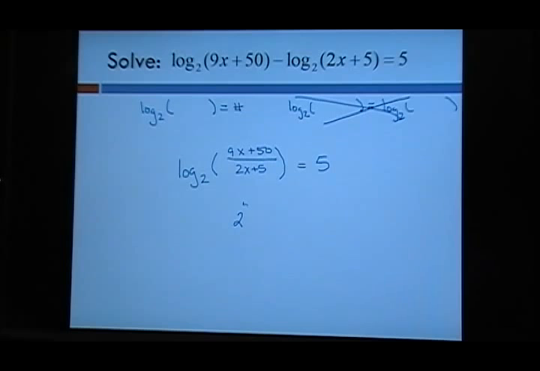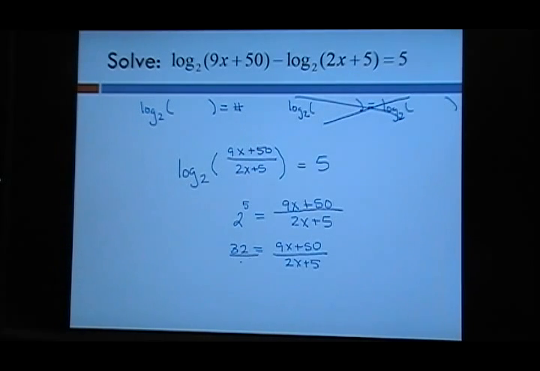So 2 to the 5th is 9x plus 50 divided by my 2x plus 5. Again, 2 to the 5th is just 32. So we have 32 equals 9x plus 50 all over 2x plus 5.